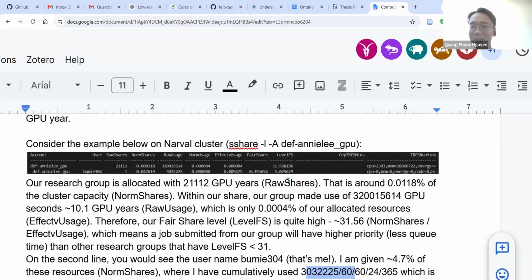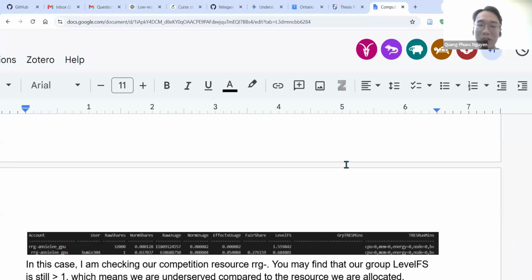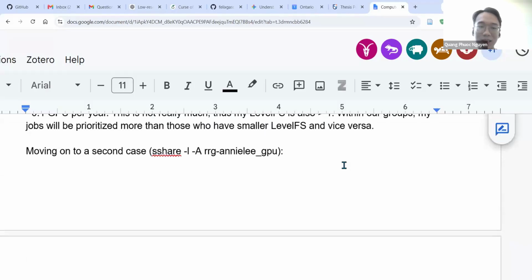So I think you should be fine. But moving along to a second case where I visualize the resource usage in NIBI. Oh, okay, it should be in NIBI.